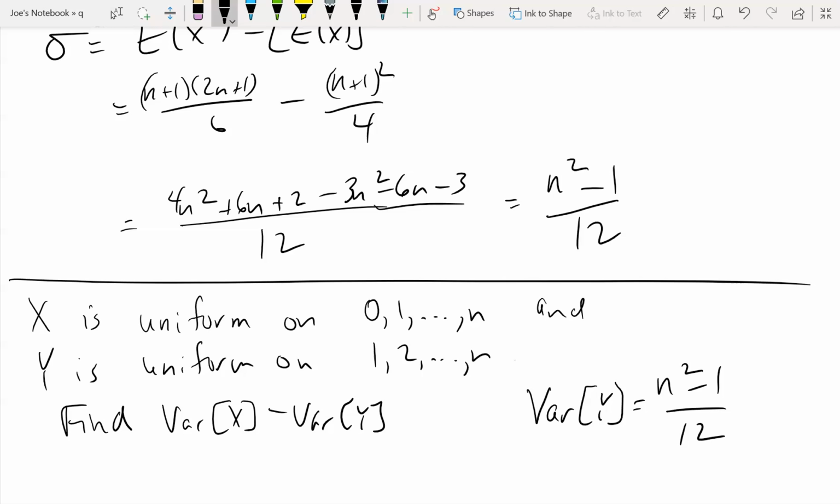I didn't spread it out any more. The only way it gets more spread out is if I multiply it by something, stretch it or shrink it. So the variance of x, in this case, should just be n plus 1 squared minus 1 over 12.